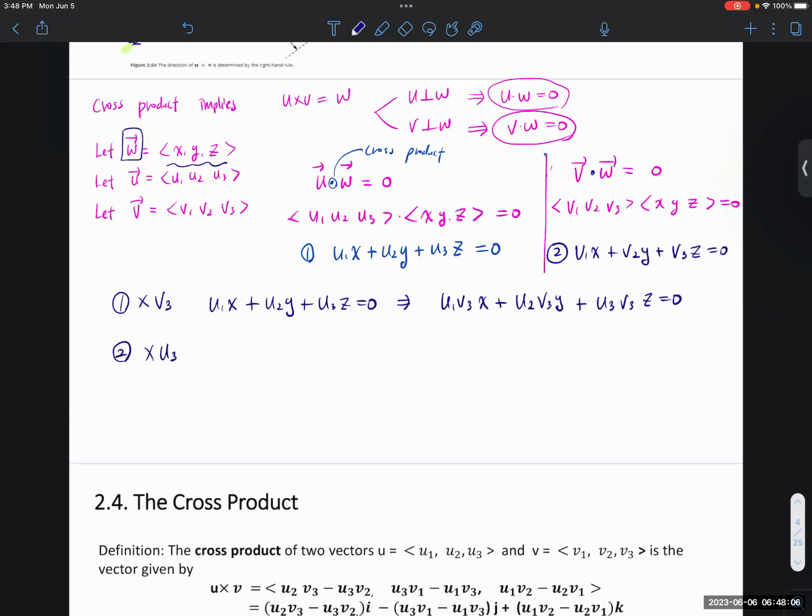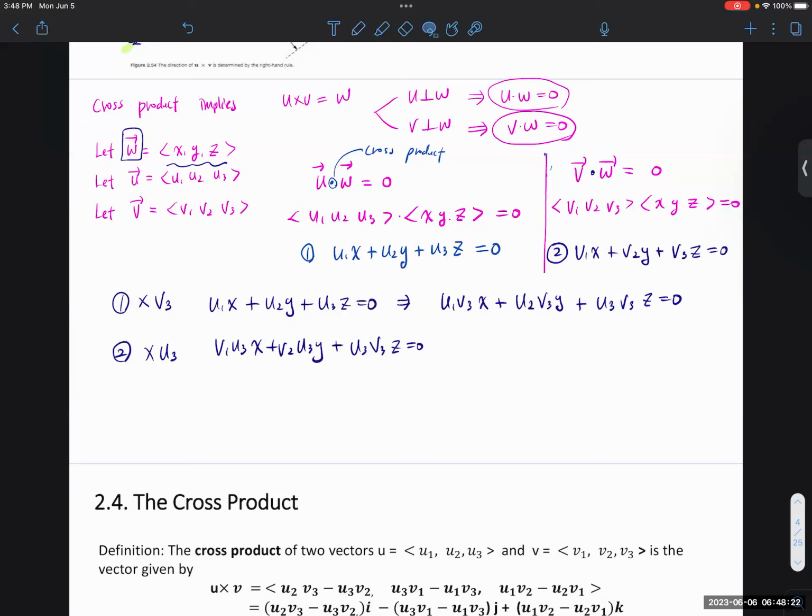So it's going to be V1 U3 X plus V2 U3 Y plus U3 V3 Z equal to 0.